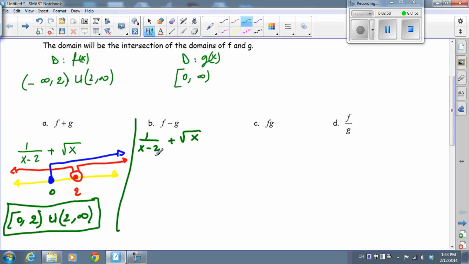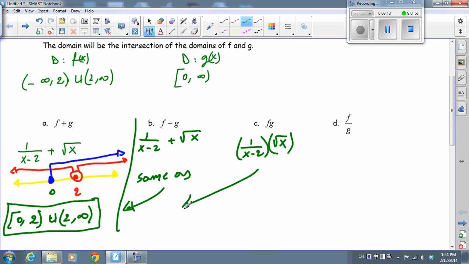Well, it won't change much in the domain. It will stay the same. The domain for this will be the same as this one. For f times g, it will be 1 over x minus 2 that I'm multiplying by square root of x. Once again, the domain will not change. The domain will be the same as this, same domain. So all these three have the same domain.